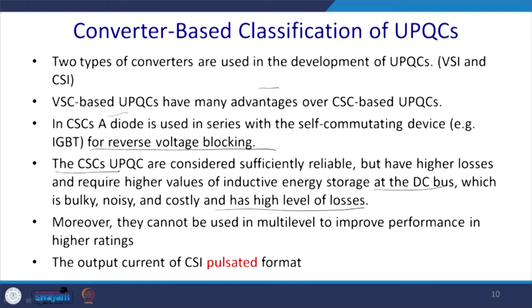Moreover, they can't be used in multi-level to improve performance at higher ratings. So this is one of the biggest drawbacks. A CSI multi-level inverter is not possible, and the output of the CSI is in pulsated format. That itself introduces a problem in current compensation. With highly pulsed current, if you do a Fourier series analysis, you will see there is a huge amount of harmonic content.